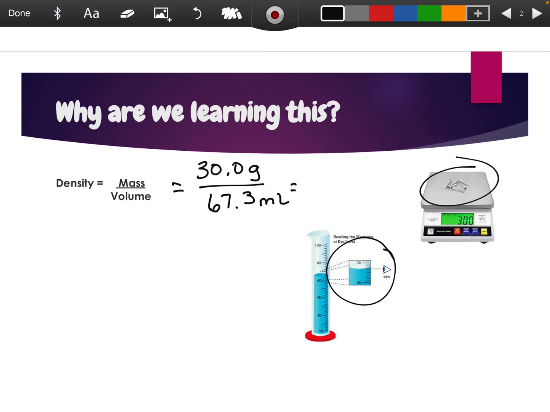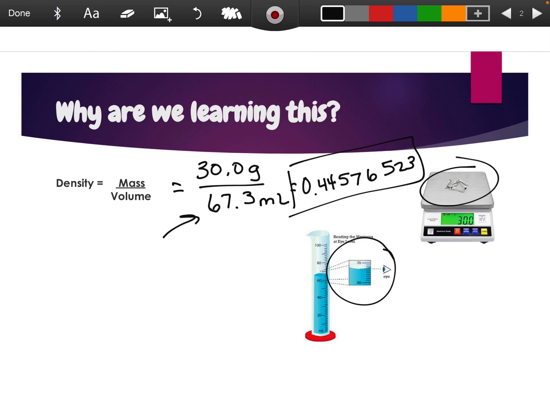In your calculator, if you take 30.0 divided by 67.3, you get a number that looks like this. My density cannot be this precise because the measuring tools that I used to find it weren't that great. So our answer can't be that precise.